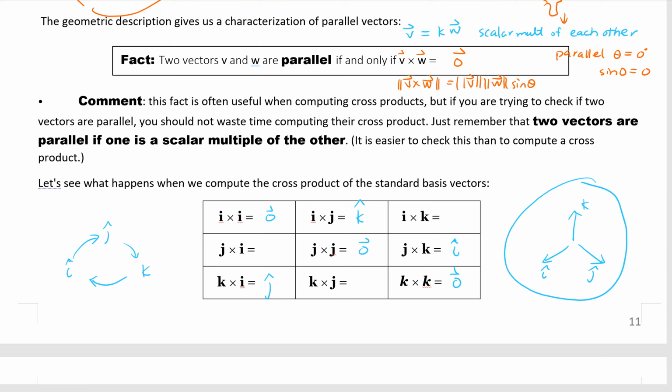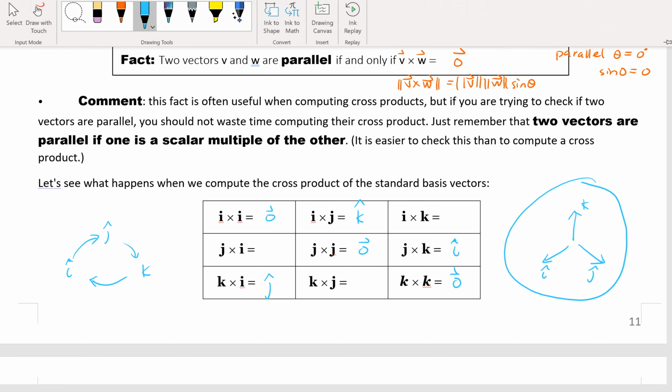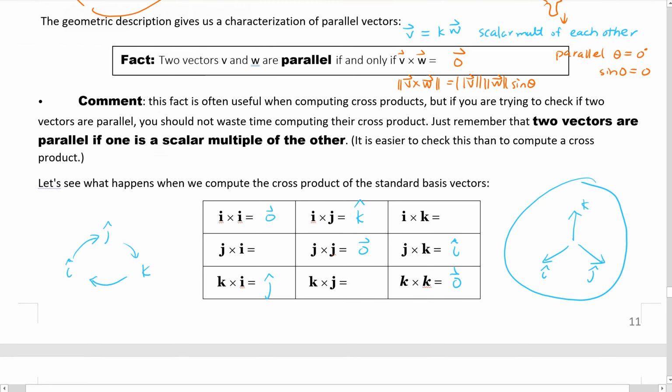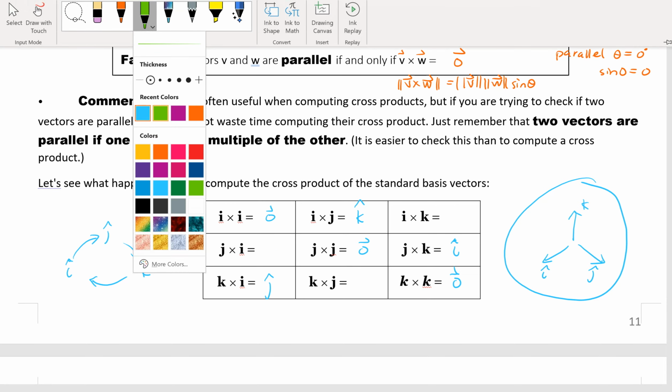if we do the other direction, j cross i, then if you curve your fingers from j to i, you see the vector goes down, which means it's minus k. I want to change to a different color so you can see it.